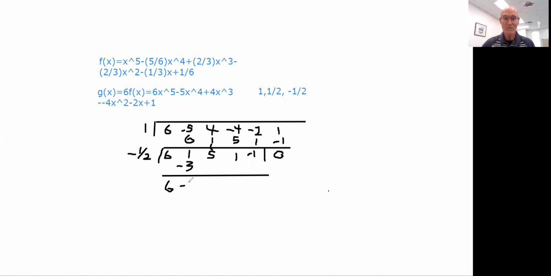We get a minus 2. Half of minus 2 is 1. We get a 6. Half of 6 is minus 3. We get a minus 2. And half of minus 2 is 1. So we get a 0 there, right? So that tells us that minus 1/2 works.